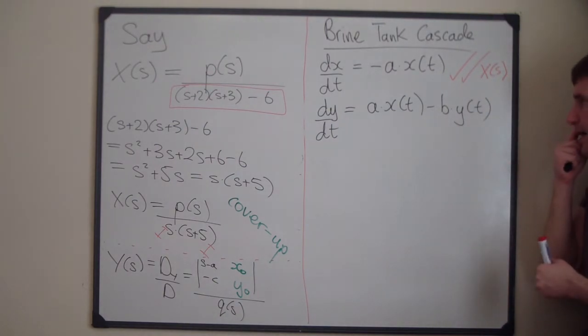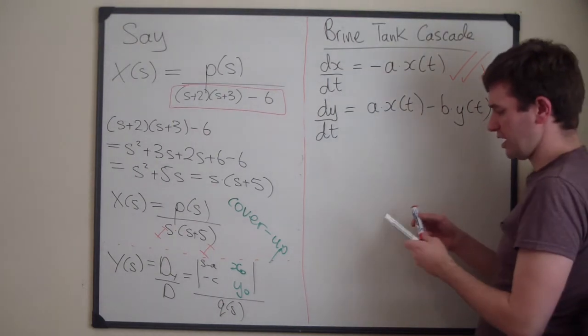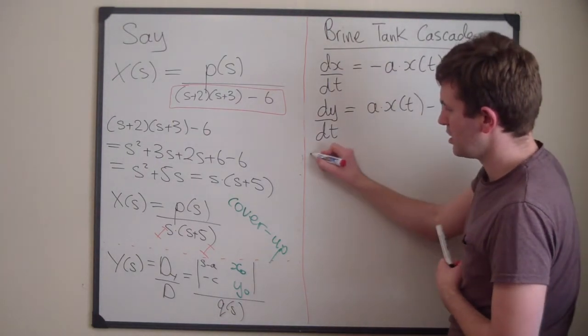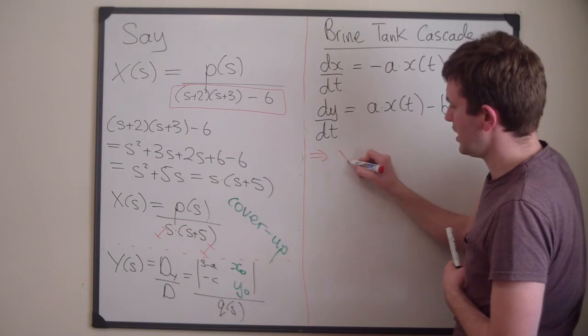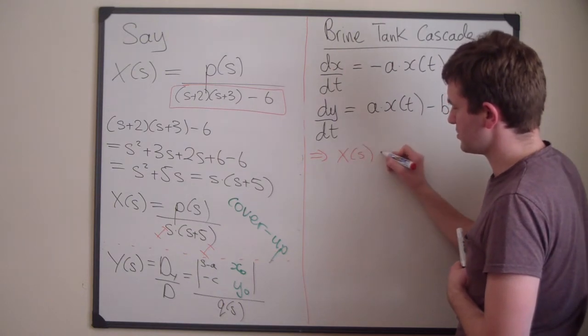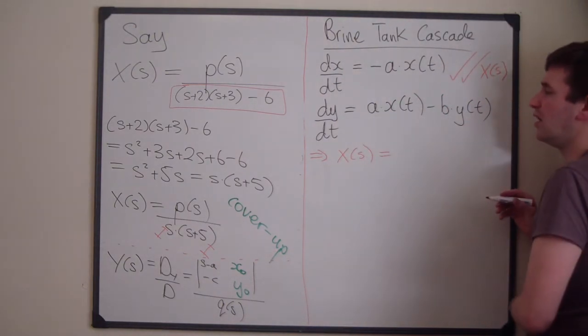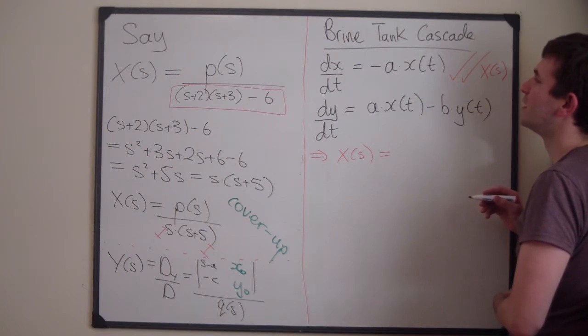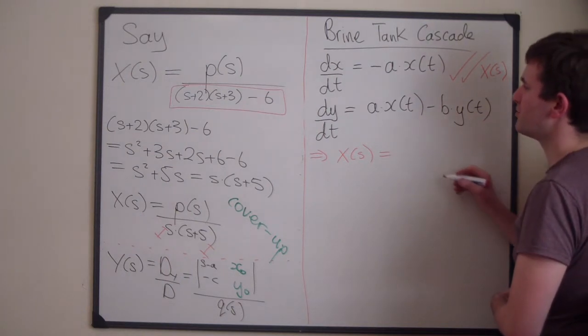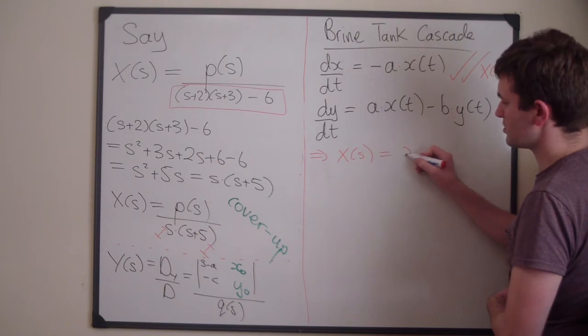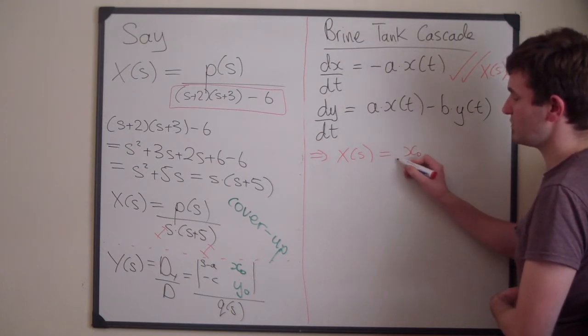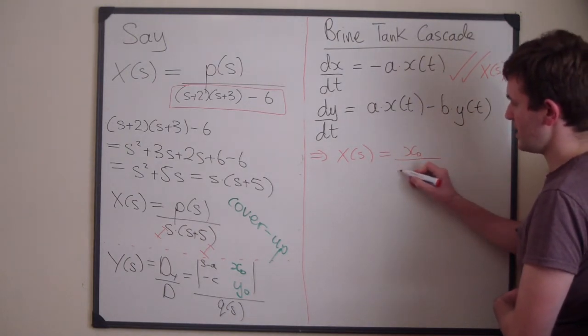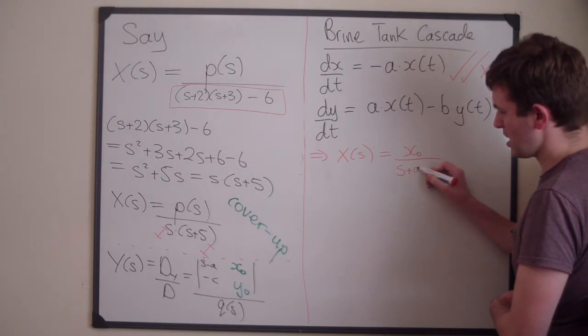Okay, you'll find that if you follow this through, I think x of s turns out to be something like, be a little careful here, but I'm fairly sure it turns out to be x0, which is the initial value of x, over s plus a.